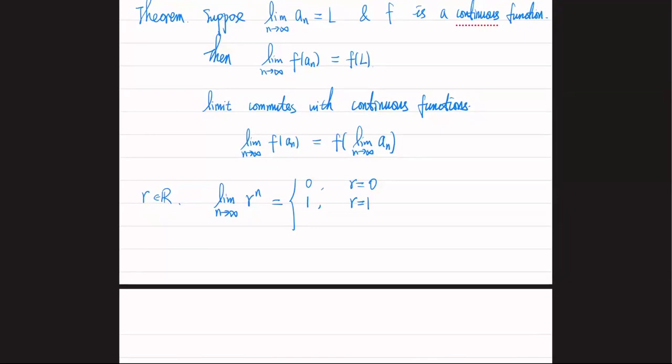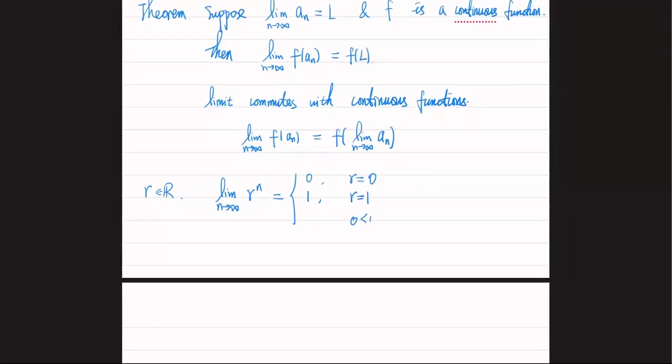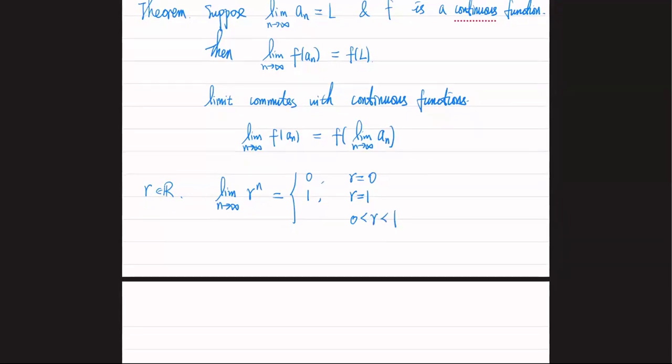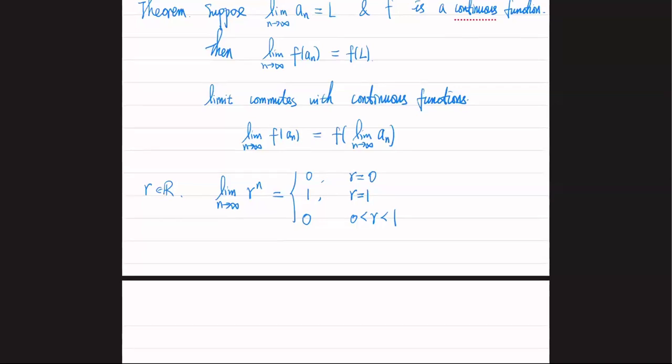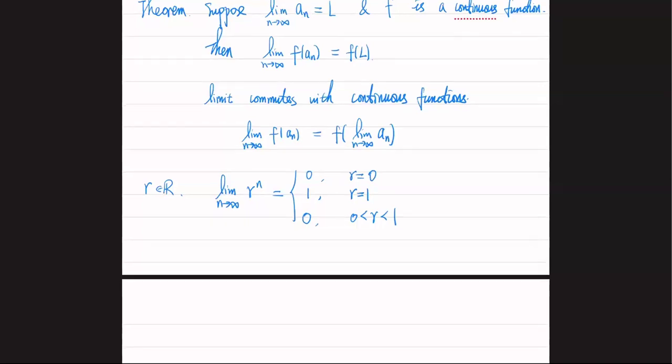Sophia, a different case. R is between 0 and 1. What's the limit? 0. Okay, and why is that? Because it's smaller than 1, so it's getting smaller and smaller.